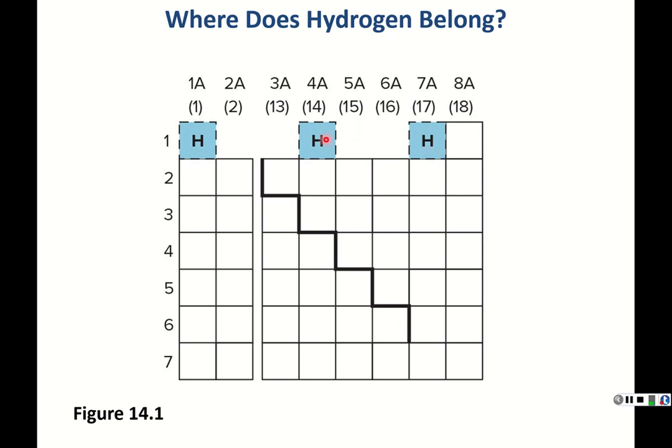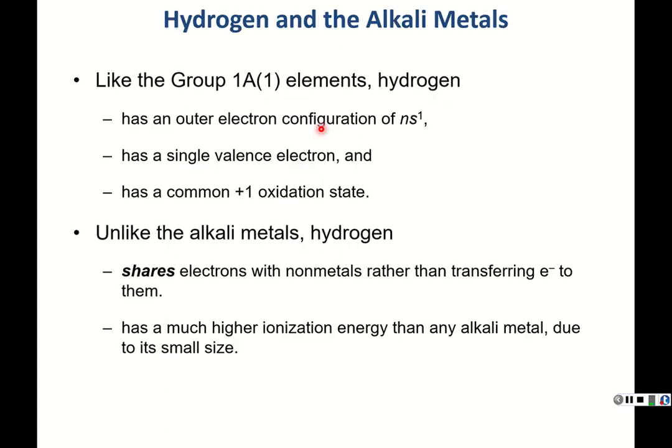And then some people even think that you can put it above carbon, based on some other reactivities, and the fact that its electronegativity is similar to carbon, and it does readily form bonds with carbon. But there are multiple places that you could put it, and it would make sense.